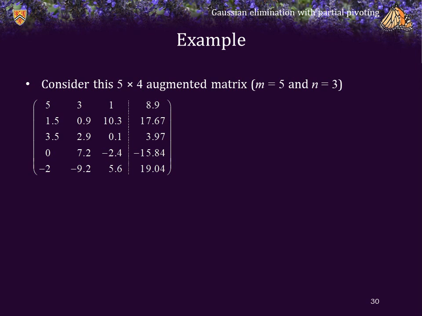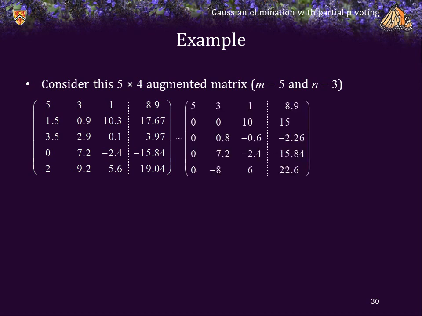We will now add negative 0.3 times row 1 onto row 2, negative 0.7 times row 1 onto row 3, and 0.4 times row 1 onto row 5. That zeroes everything out below row 1 in column 1.